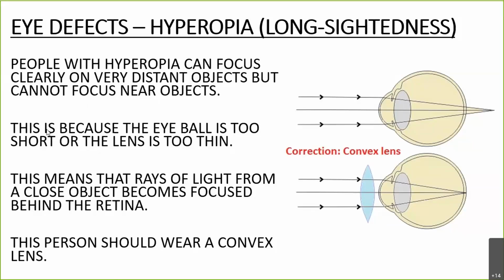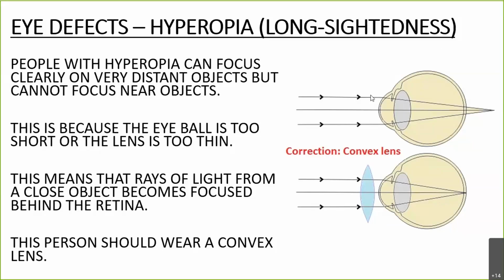Okay, so the person who's long-sighted should wear a convex lens so the light rays can converge at a point much closer and be focused on the retina. The convex lens pulls the light together so it can focus on the retina and they can see properly.